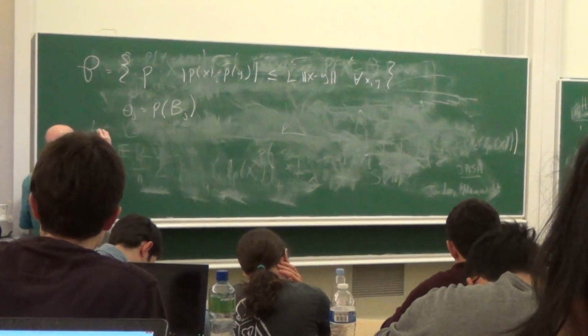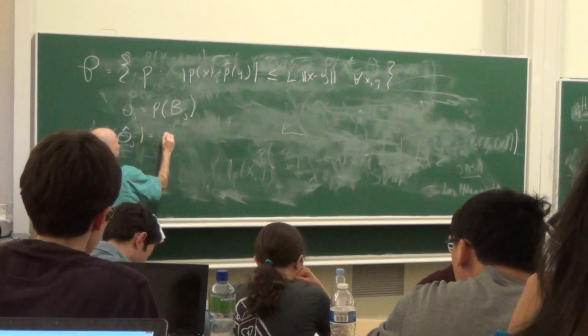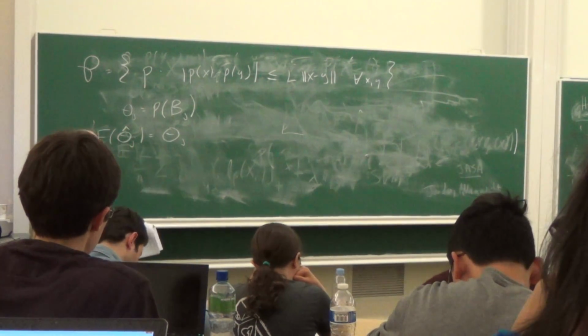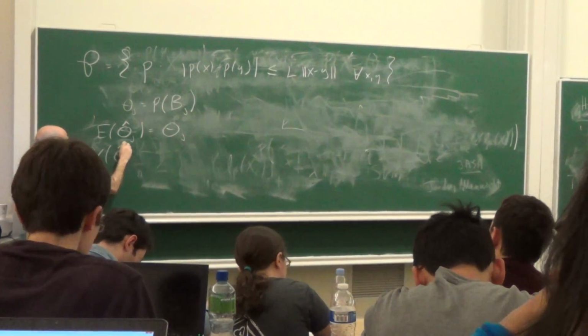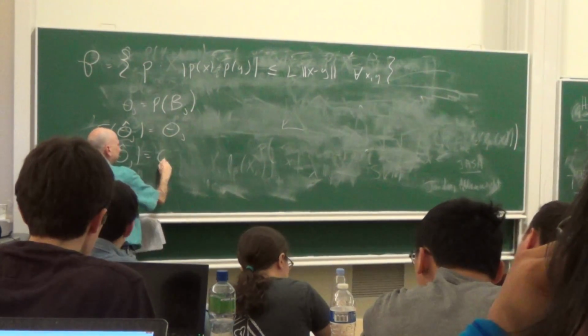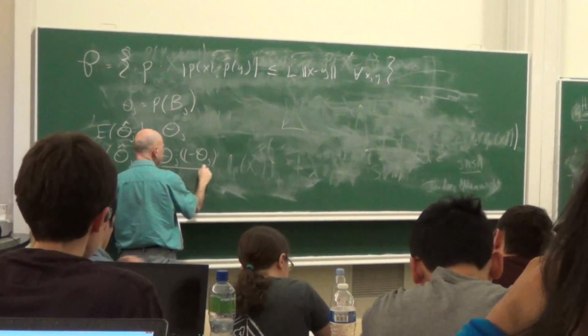And we know from our elementary statistics that the mean of theta hat j is theta j. And the variance of theta hat j, you remember that? It's theta j (1 minus theta j) over n.